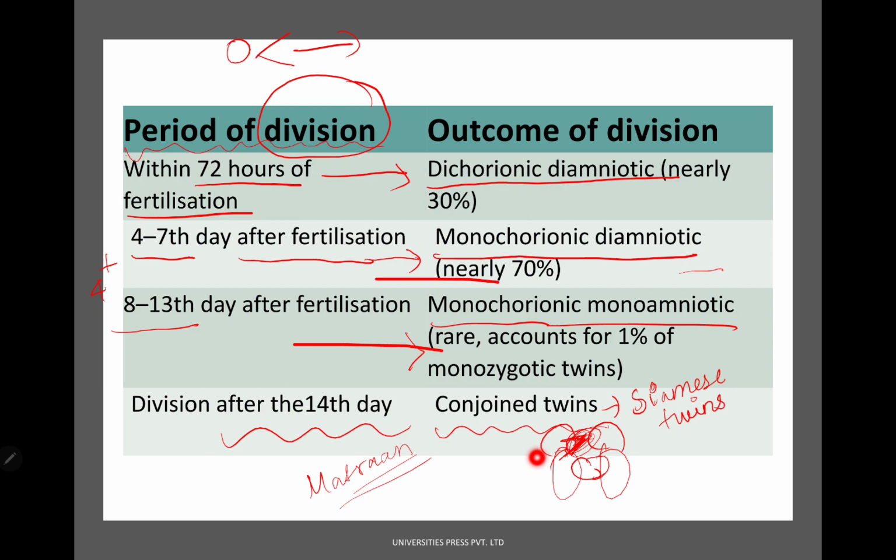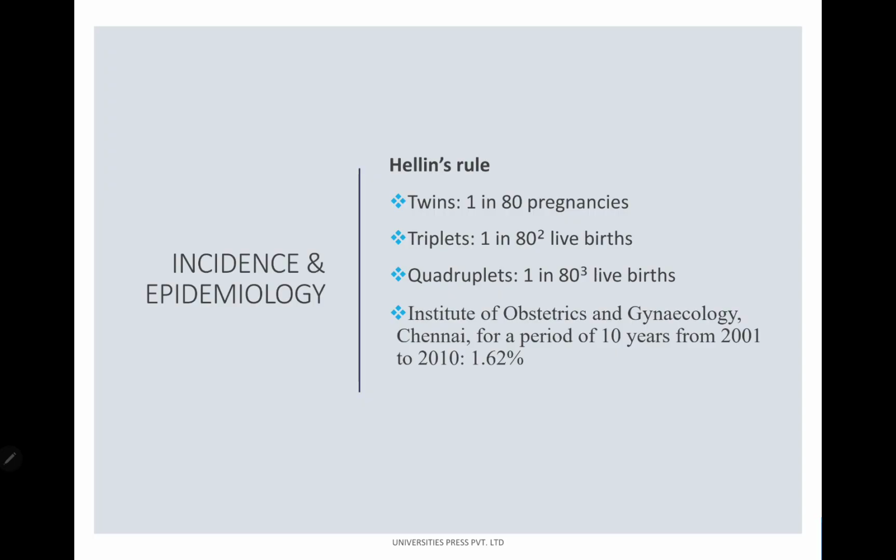If you add 4 days, so if the zygote divides around 8th to 13th day after fertilization, it is going to result in monochorionic monoamniotic. If the division is after 14th day, then it results in conjoined twins or Siamese twins.